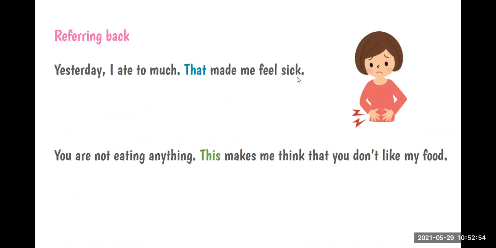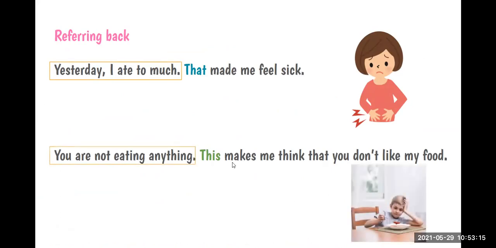That made me feel sick. As you can see, with that, I am referring to this activity that I ate too much. And also I can use this. You are not eating anything. This makes me think that you don't like my food.